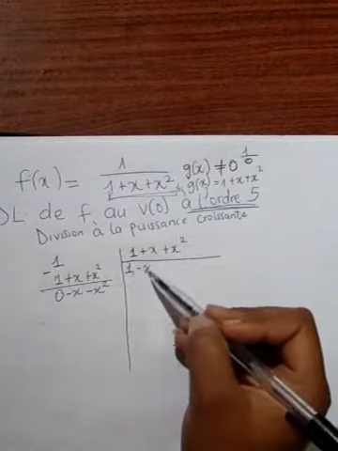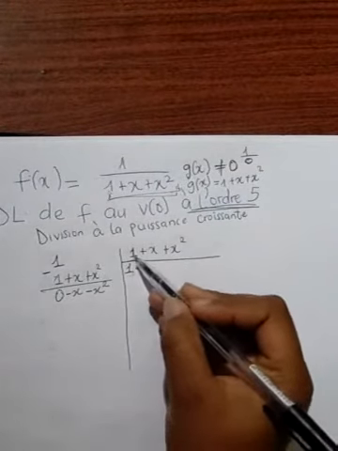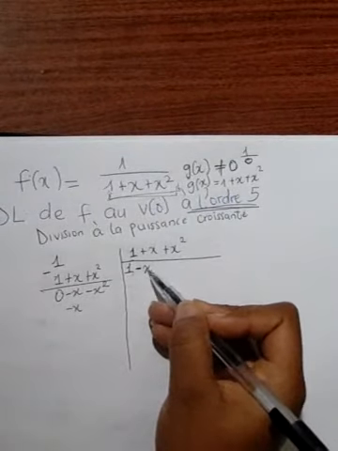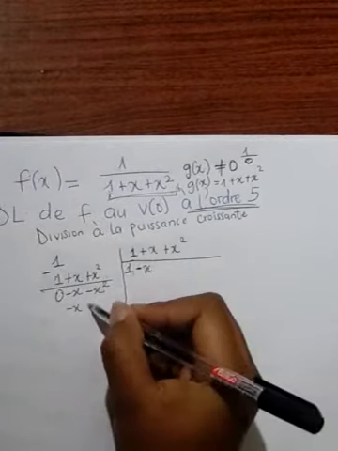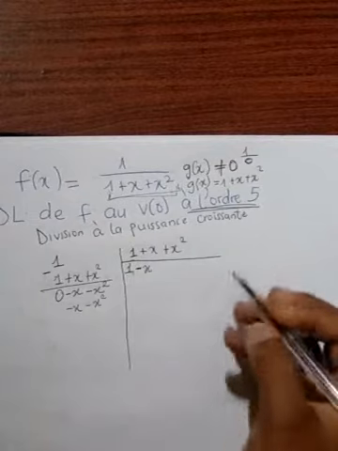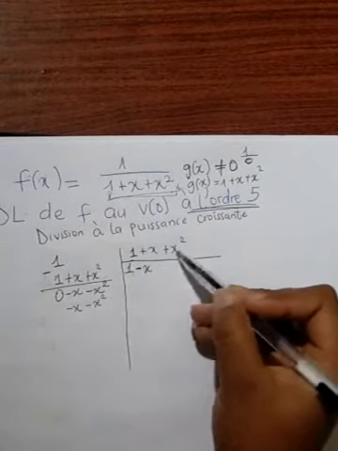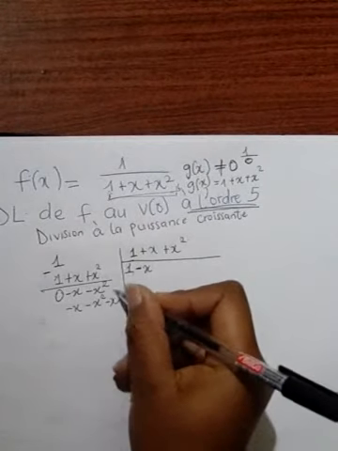So we'll have minus x times 1 will get minus x. Minus x times plus x will give us minus x squared. Minus x times plus x squared is going to give us minus x raised to the power of 3.